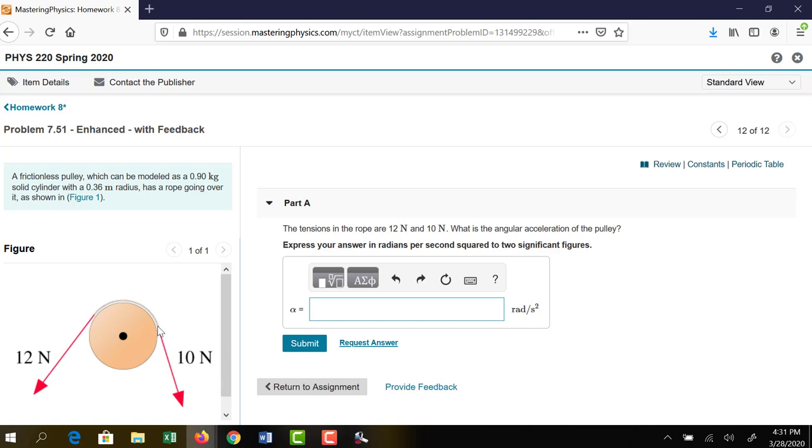There's 10 newtons here, also applied on the edge, so you know the radius here is also 0.36 meters. These tensions are 12 and 10. What is the angular acceleration of the pulley? In some ways this is putting the whole chapter together in this last problem. Let's take a look at it.